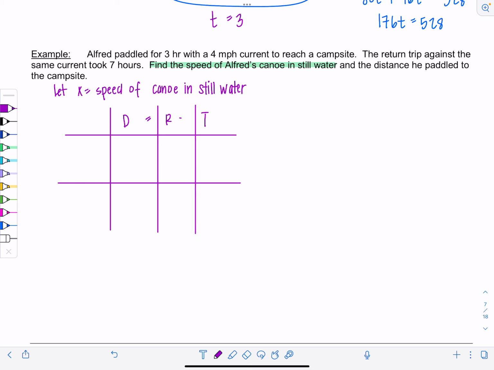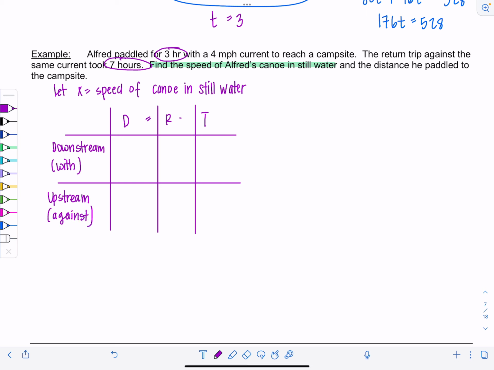Why do I say that? Because it only took 3 hours. When he comes back, the current's going against him because it takes longer. It takes 7 hours. So we say that he's going downstream when he's going with the current to the campsite, and upstream when he's coming back from the campsite because the current's going against him.